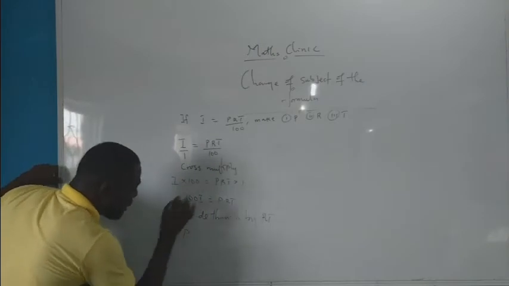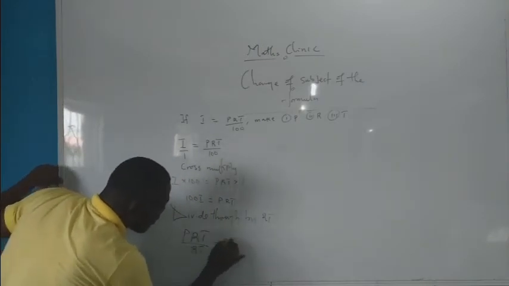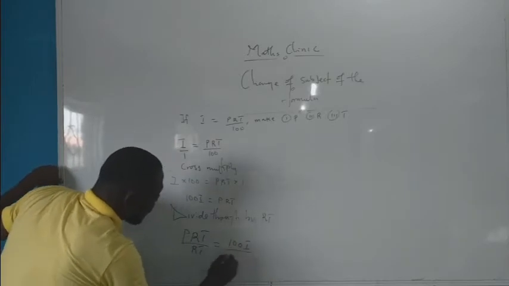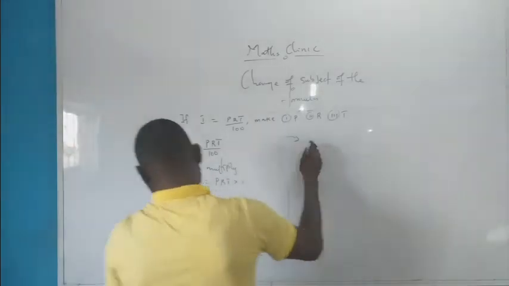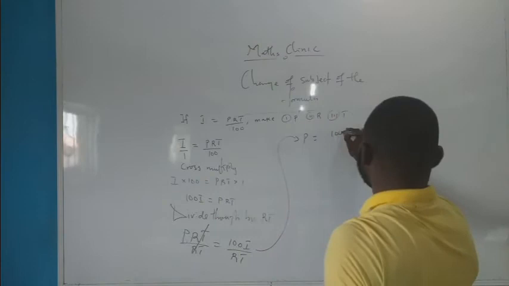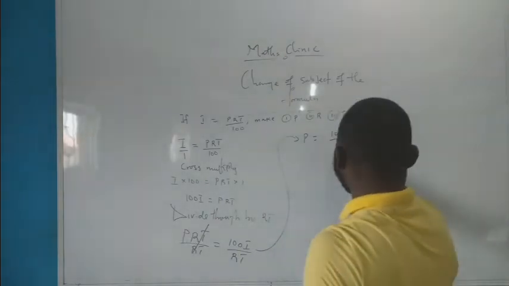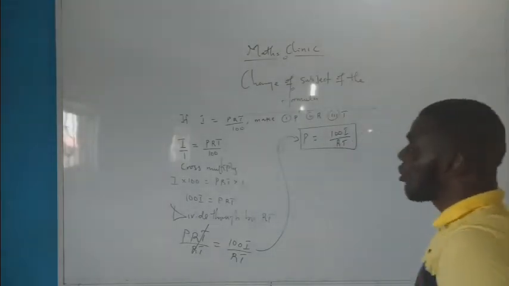And that becomes PRT upon RT equals to 100I upon RT. These RT go. So we have P equals to 100I everything upon RT. That is how to make P the subject.